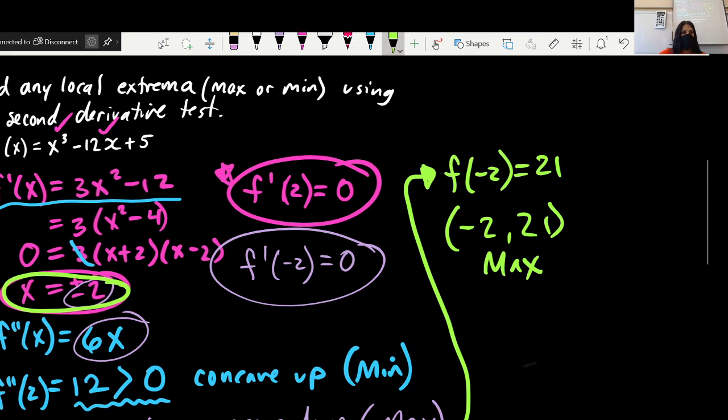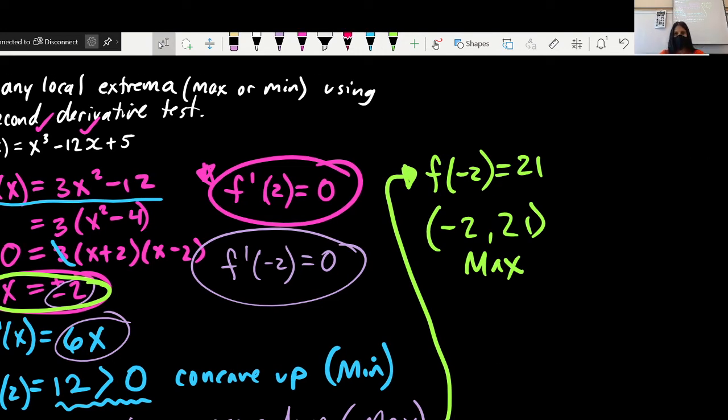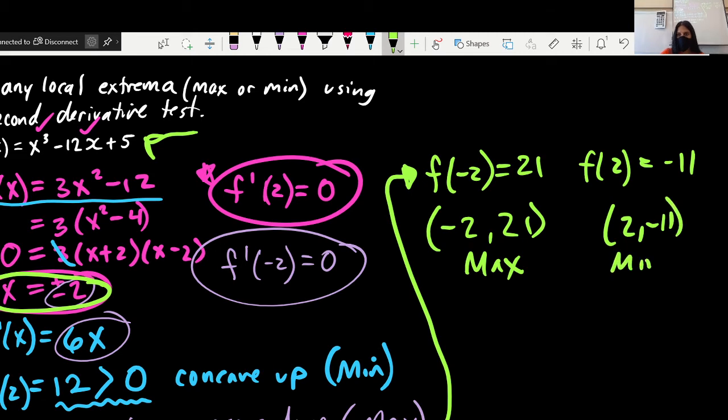I would do the same thing with f of 2. So I'd have f of 2. I'd plug it back into my original equation right here. And when I do that, I get negative 11. So my point 2, negative 11 would be my minimum.